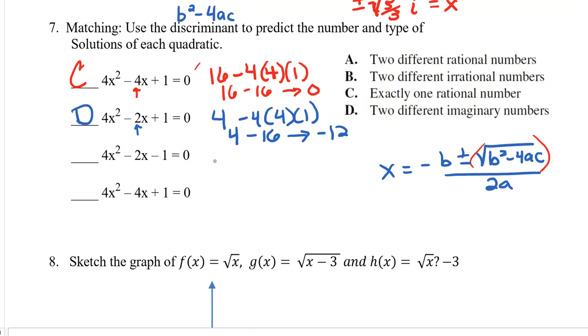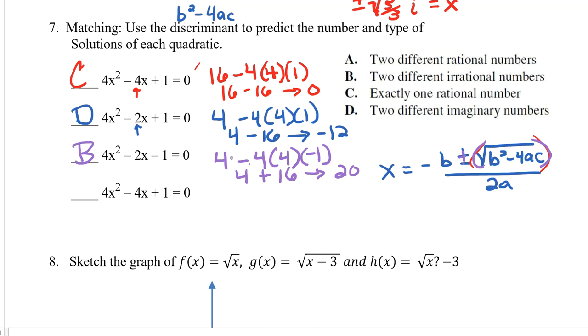And for our next problem, if we did b squared, we would have 4 minus 4 times a, which is 4, times c, which is negative 1. And here we would get positive, so we would have a 4 plus 16. So that would become 20. So again, under the radical, if you had a 20, the square root of 20 would give us 2 radical 5. So we would have the plus minus. So we would get 2 irrational answers.